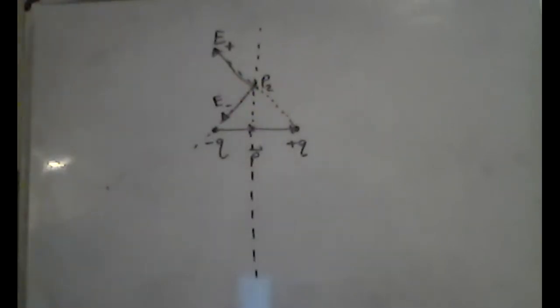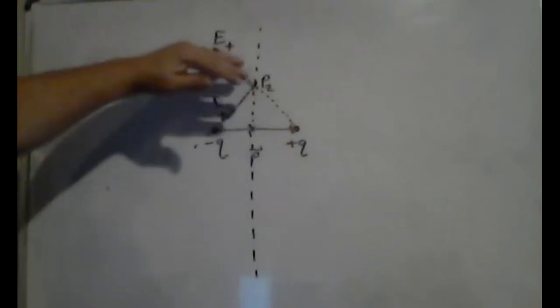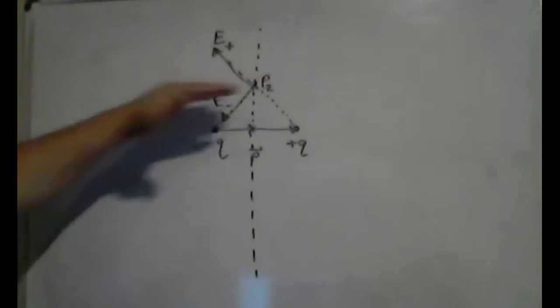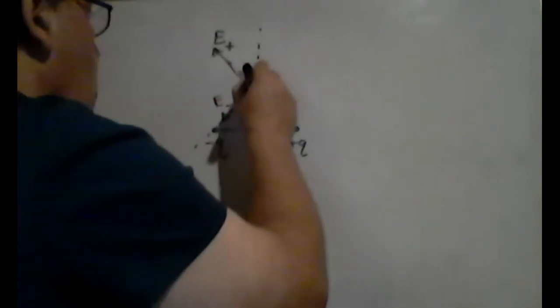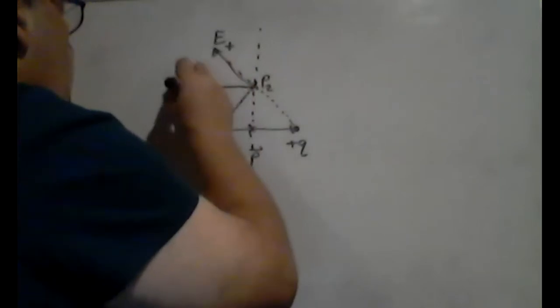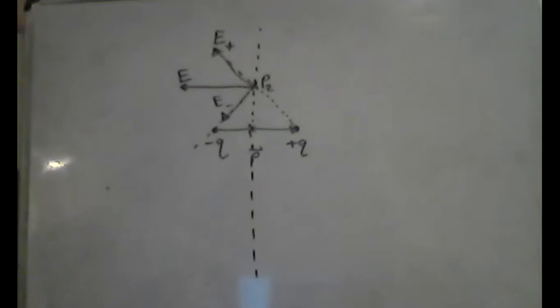Now, if I drew my vectors right, I should see that the vertical components should cancel out when I add the two vectors together. Their horizontal components should add, the cosine, they should add. So I should see overall, my overall vector E should be all to the left.